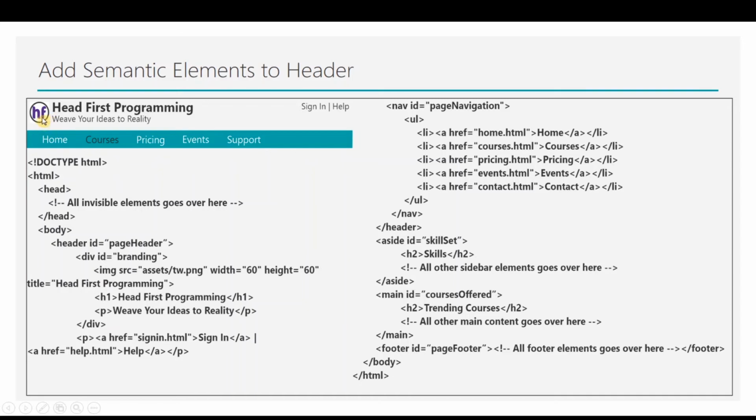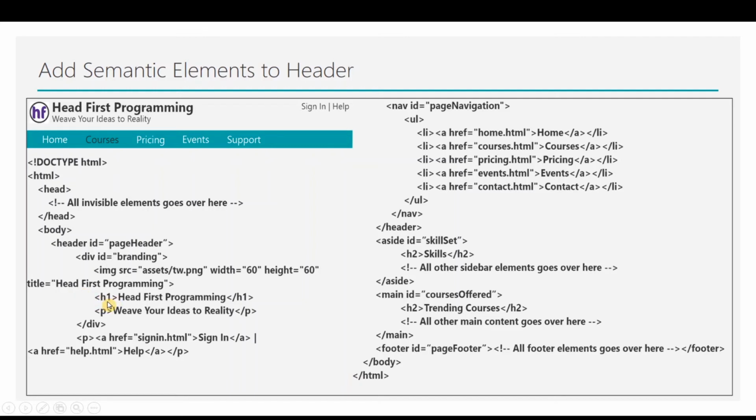The image on the page that represents the company logo is described by this img tag that resolves to the image tw.png located inside the assets folder in the same directory where this HTML file resides, and the width and height properties limit the size of the image to the specified length in pixels. The title attribute of the img tag is used by screen readers to describe what the image is all about to visually impaired people.